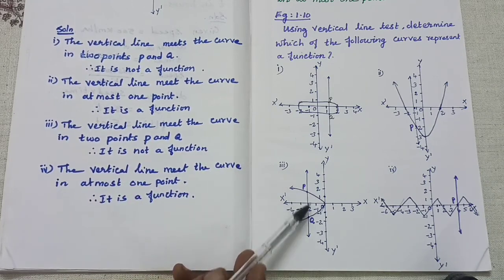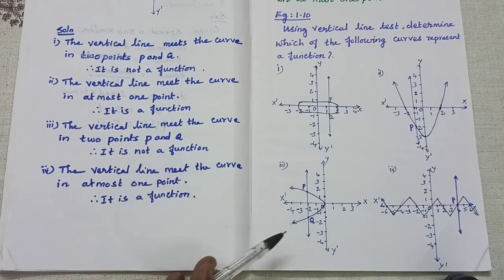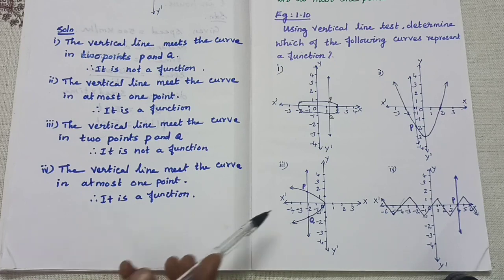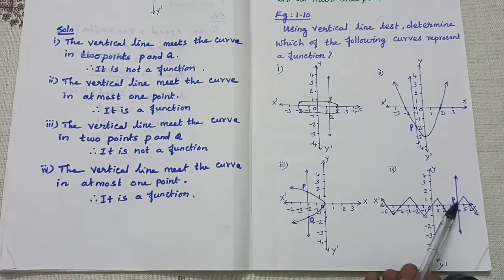So it is not a function. Fourth one, the vertical line meets the curve at most 1 point. So it is a function.